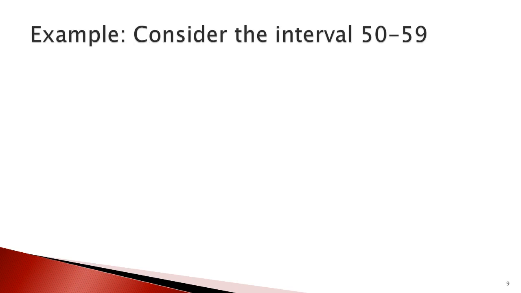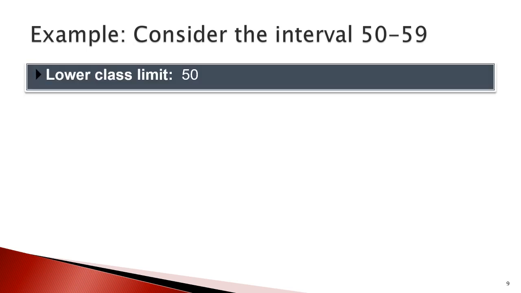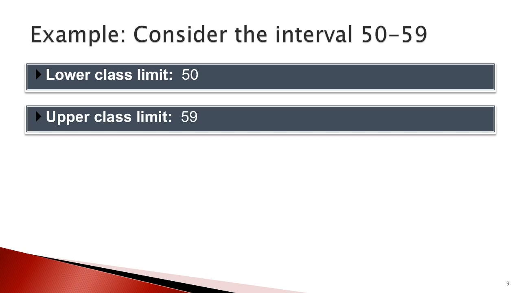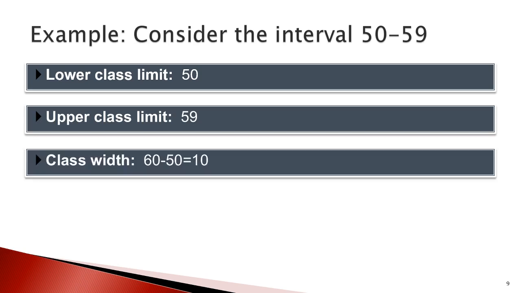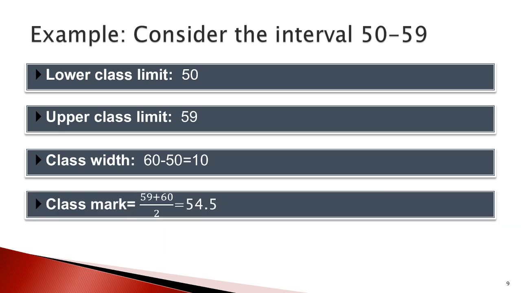Now consider the interval 50 to 59. We are taking an example of considering the interval 50 to 59. The lower class limit is 50. The upper class limit is 59. The class width is 60 minus 50, that is 10. The class mark is 59 plus 60 divided by 2.